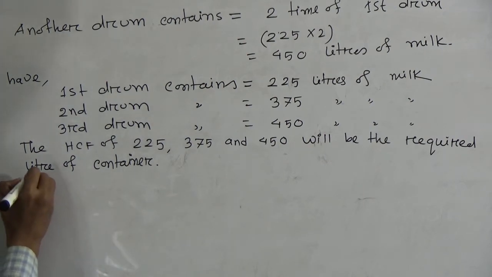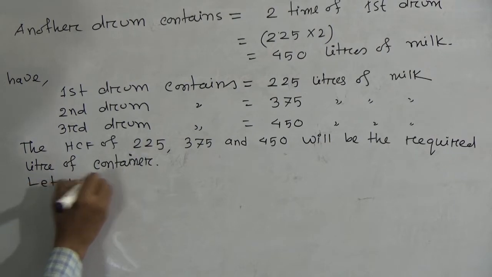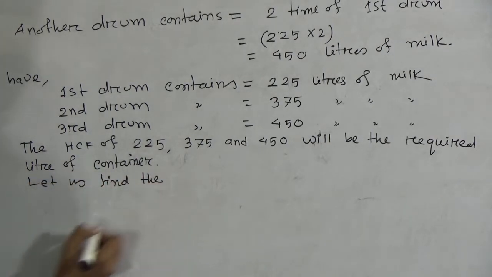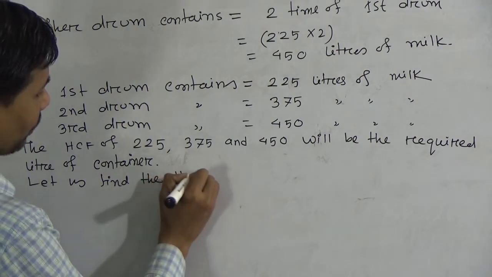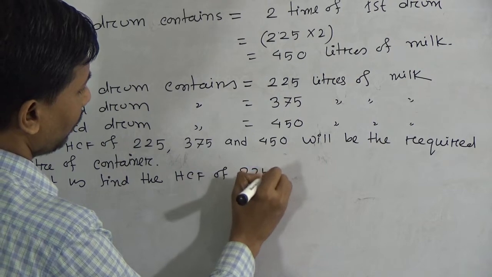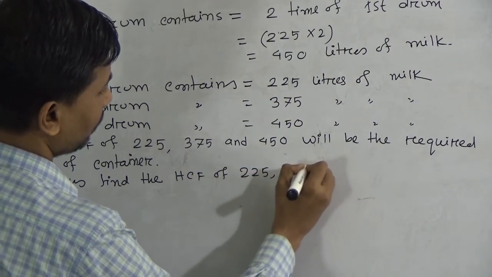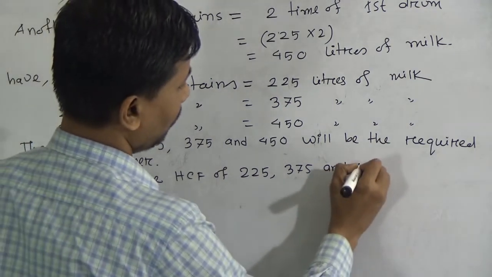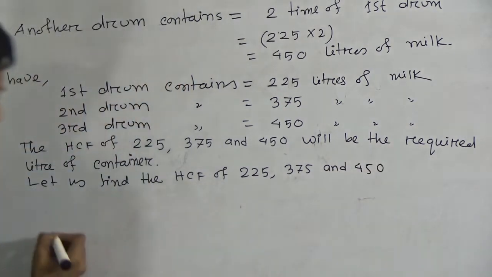Okay, now let us find the HCF of 225, 375 and 450.